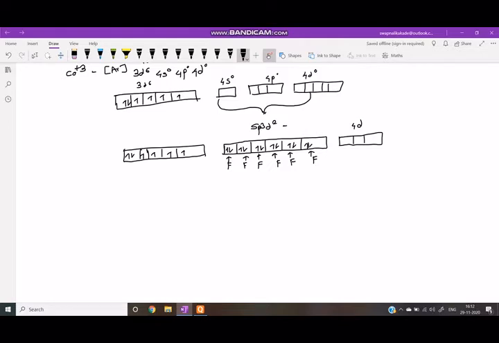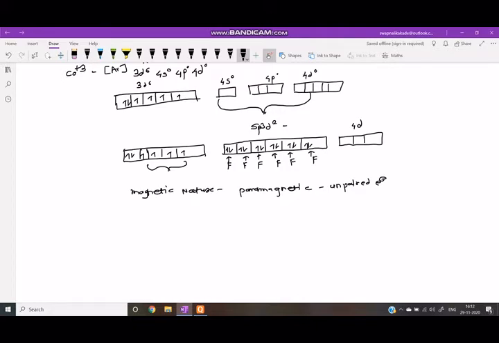Now we can find out the magnetic nature of the complex. This complex is paramagnetic because of unpaired electrons. There are unpaired electrons, therefore this complex is paramagnetic in nature.